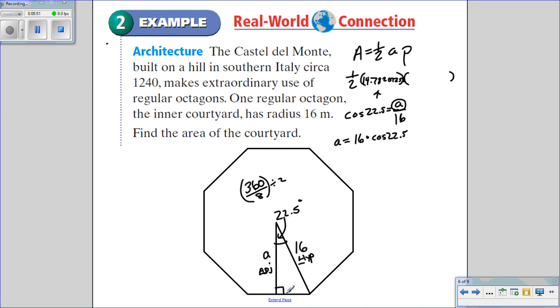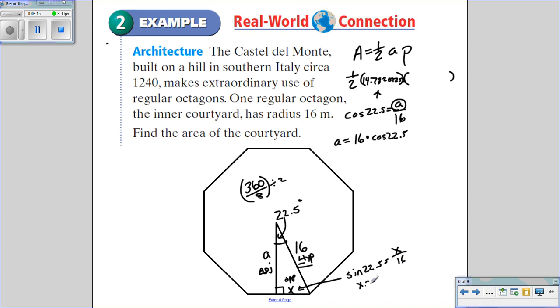Next, I'm going to find the bottom of this triangle down here so I can work on getting the perimeter. To figure out that length, this would be the opposite leg, and I'm going to use the hypotenuse again. So that's going to be sine of the angle equals opposite over hypotenuse.